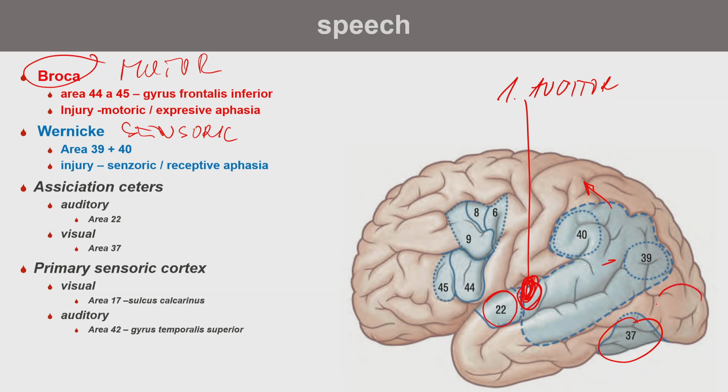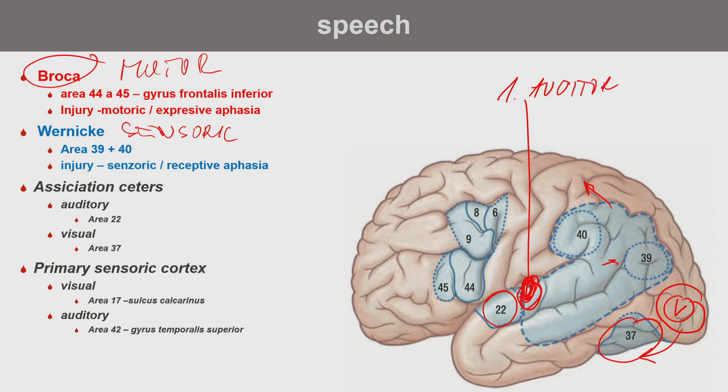The primary visual cortex is here, and this is the association visual. So the speech and the process of speech depend on sensoric information and motor information. The sensoric information is important in understanding, and the motor center for the execution.